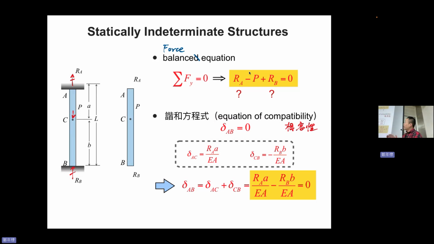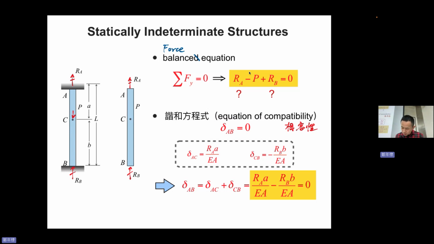Okay, so we know that delta AB equal to 0, total deformation equal to 0. Again, we need to write down what we did before, because we want to know the deformation for each section.